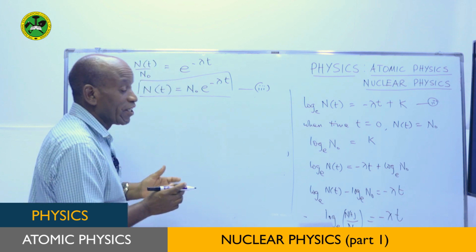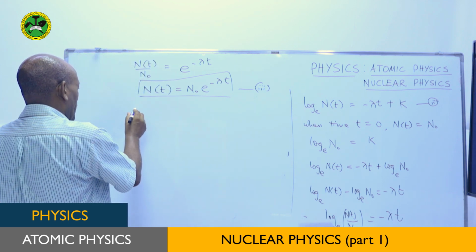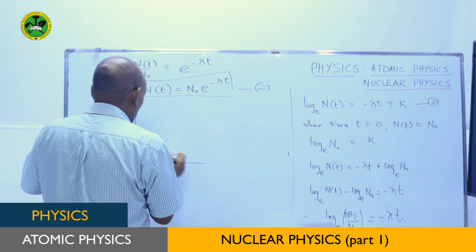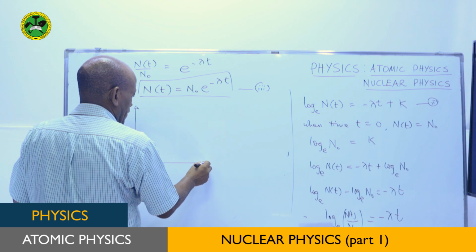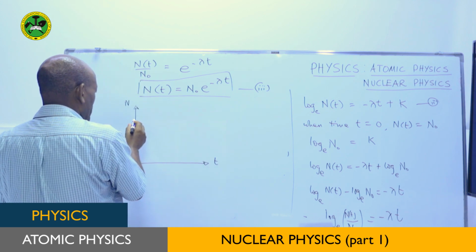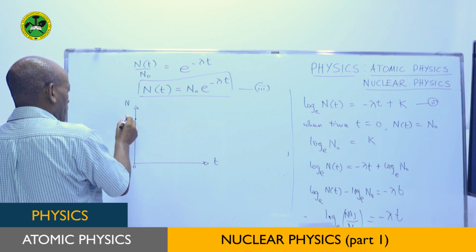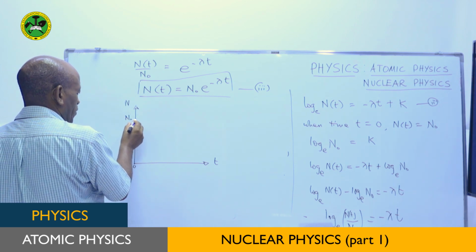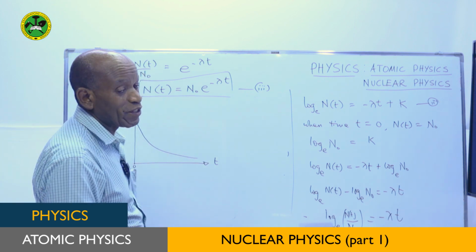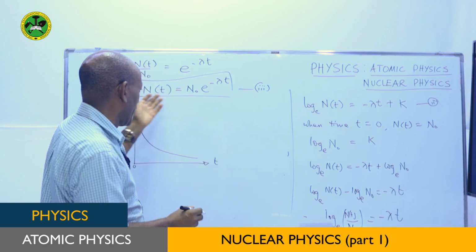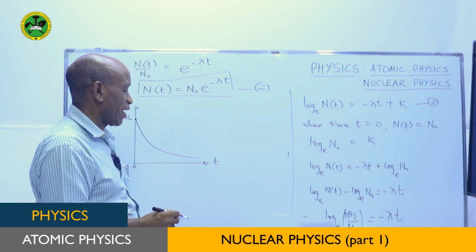This decay is exponential, such that if we plot a graph representing the number of samples present against time t, beginning at t equals 0, the number of samples is equal to N naught, the initial sample. And this decay goes like this. So this decay is exponential and is represented by expression number 3 there.